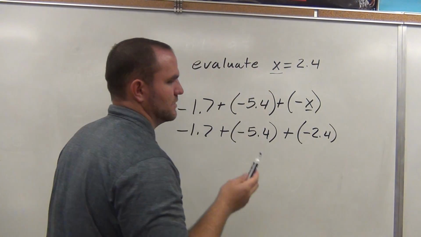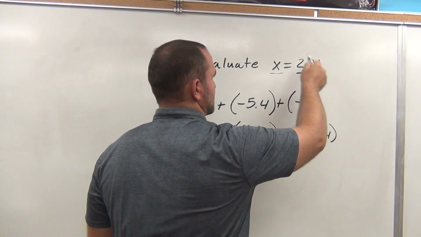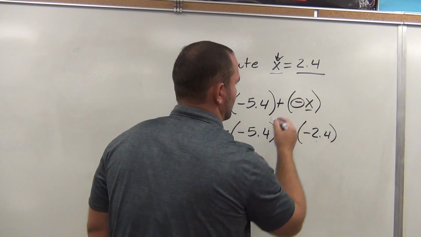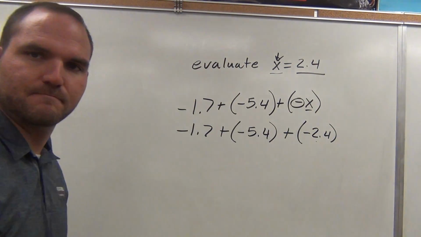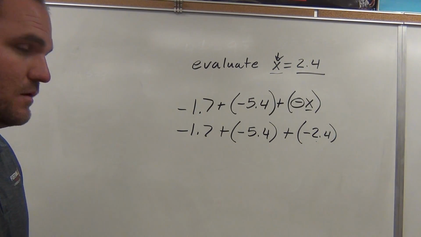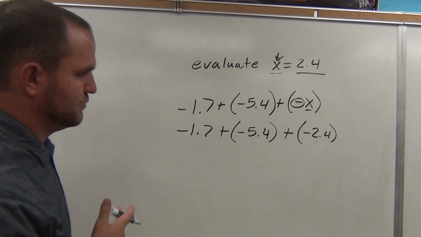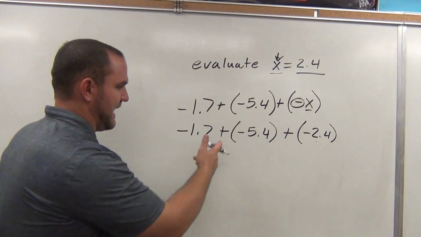Now you'll notice that your number that was equal to this x is now negative because of that negative. All right, so now you're back to a point where we can just put these together, and we're going to be adding them.